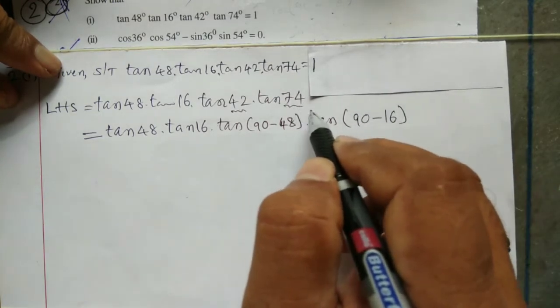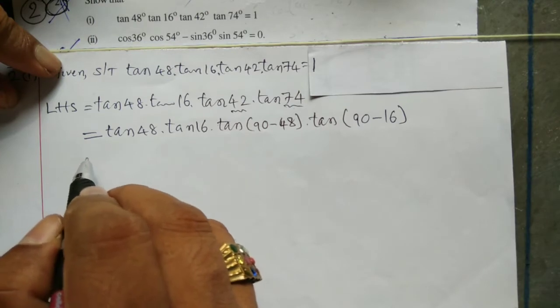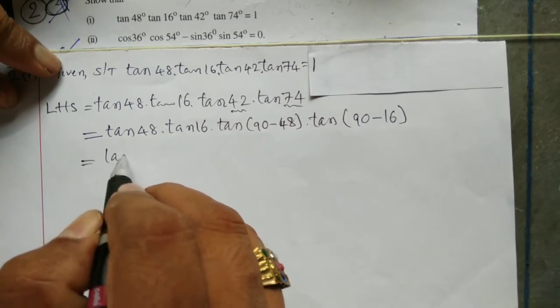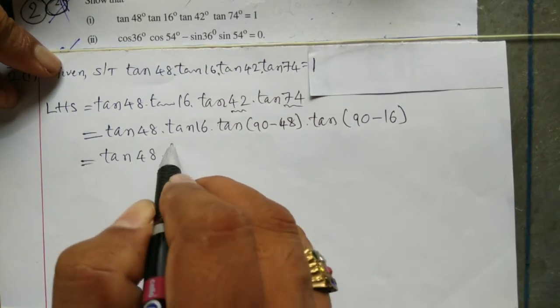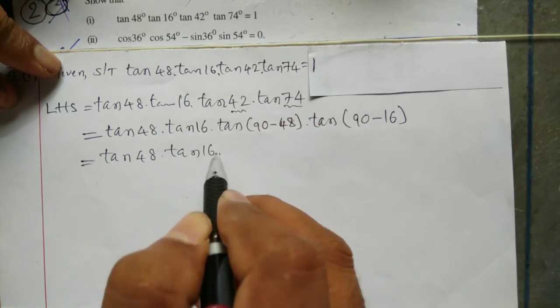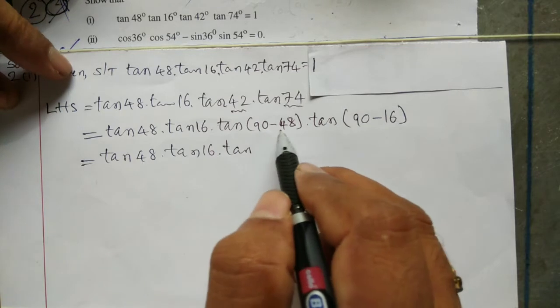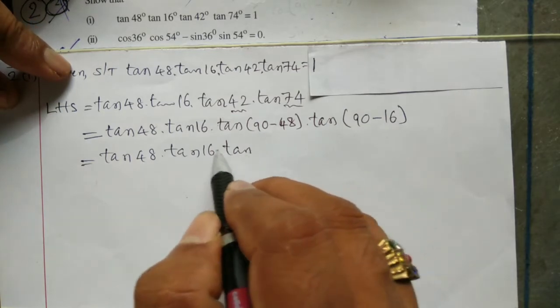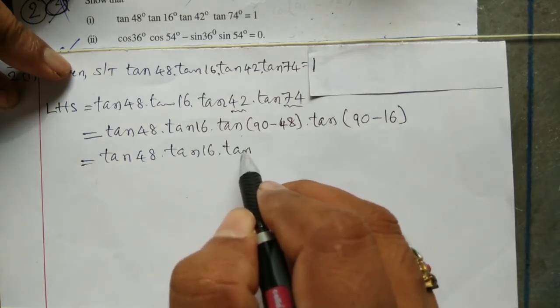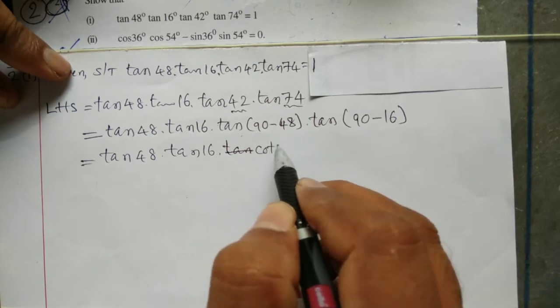Just I changed these angles: tan 48 degrees, tan 16 degrees, tan 90 minus theta is cot theta.